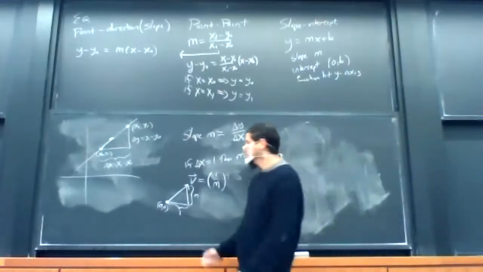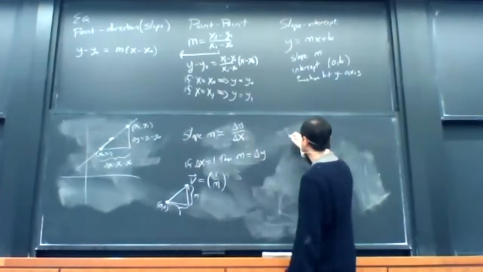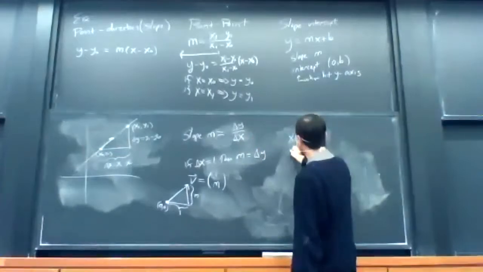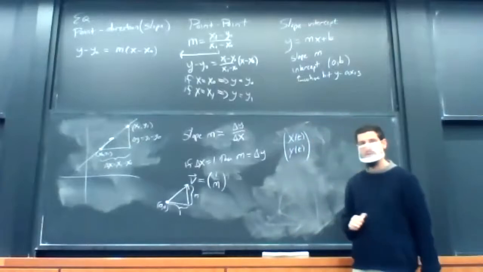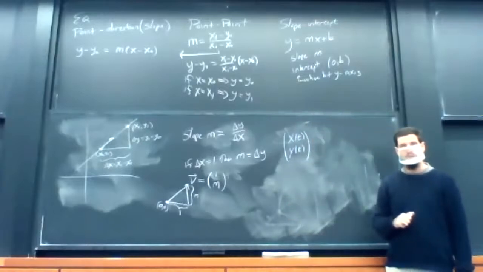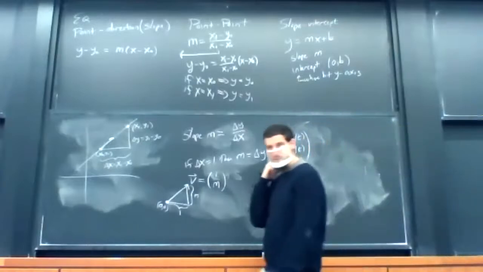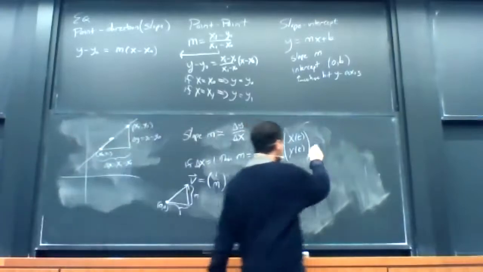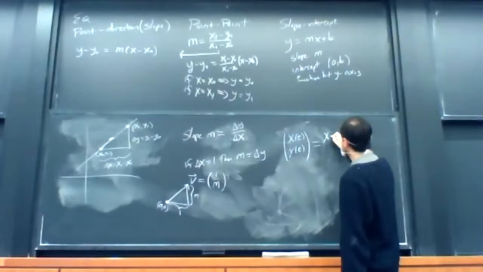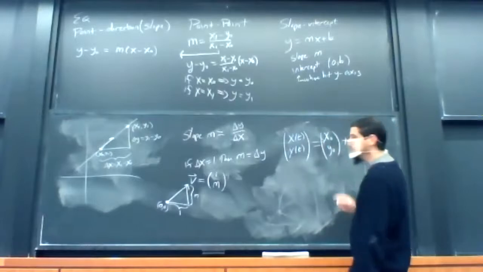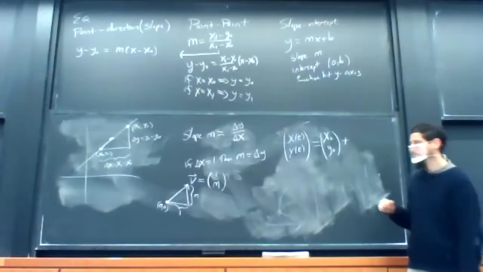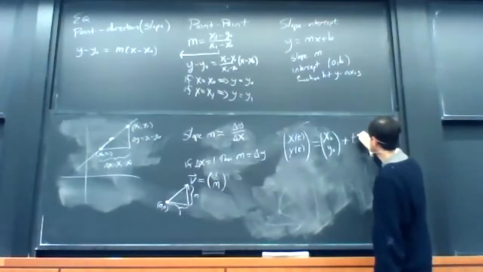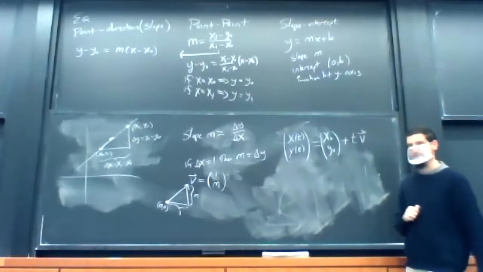A lot of times, we like to write our equations of a line as x of t, y of t. So you give me a time, and I tell you where we are. I will often give you an initial point, x naught, y naught. That's where we start. And then we have our direction vector, t times our direction vector.